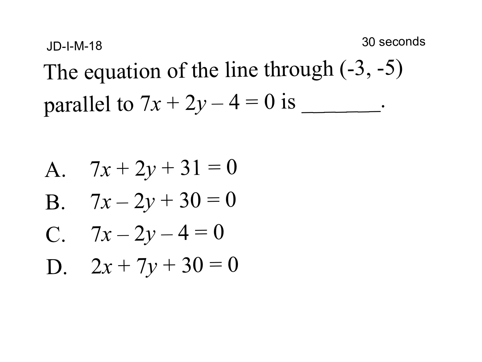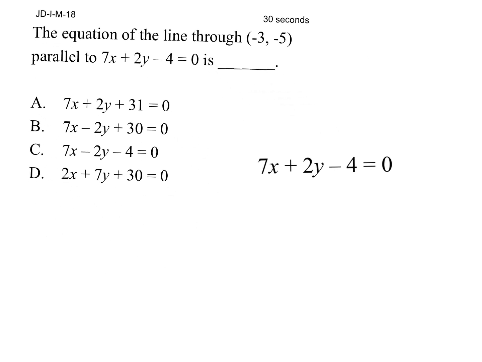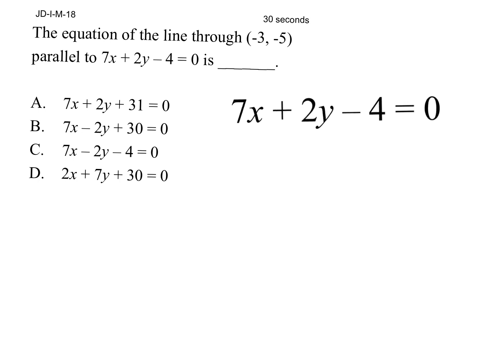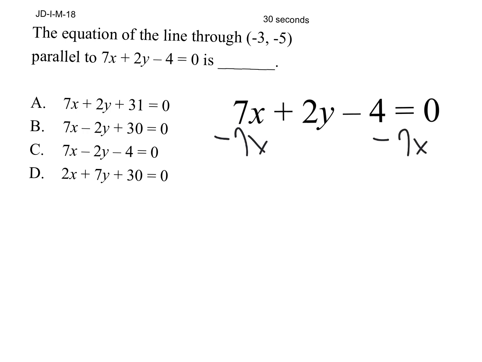18, they want us to find the equation of the line through the point -3, -5, parallel to this other line. So the other line is not in slope-intercept form, so probably what I would do first is work with that one and just solve for y.